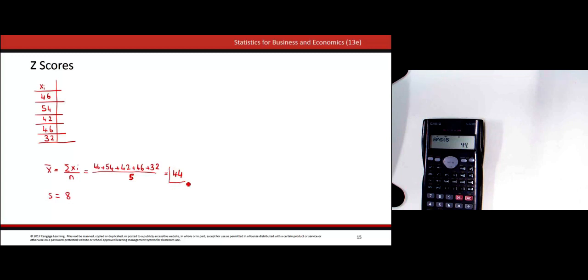So we need to know the mean and the standard deviation.